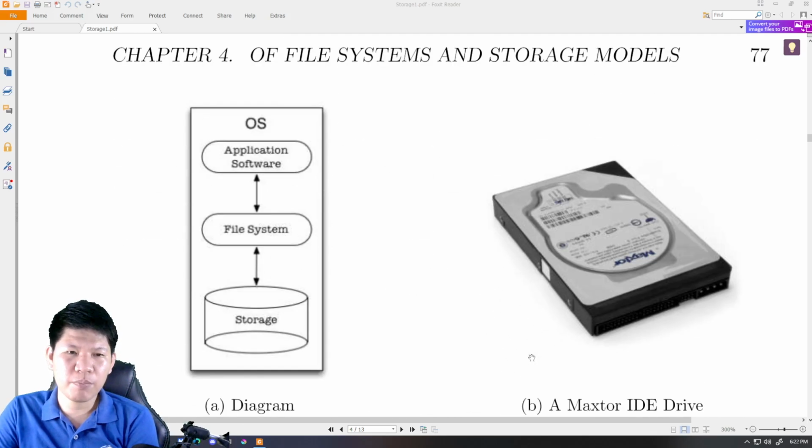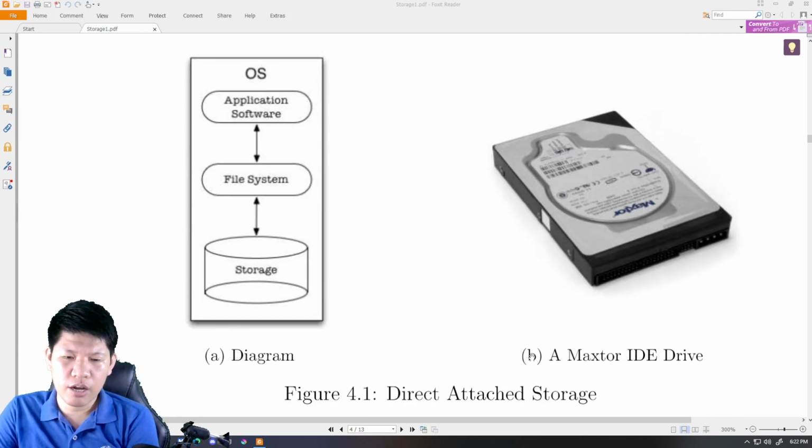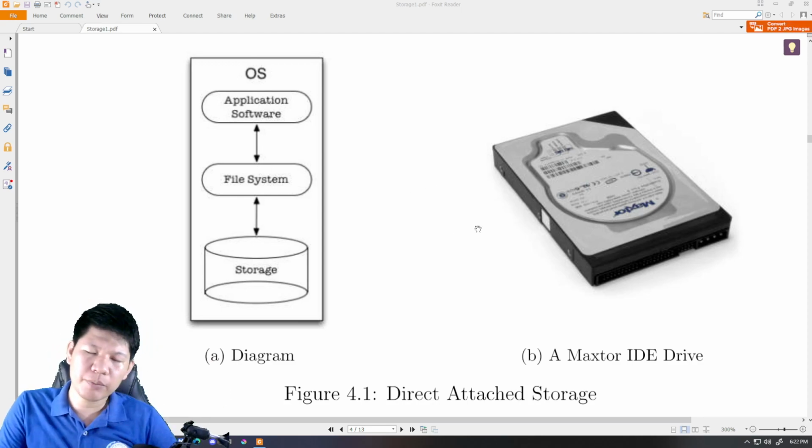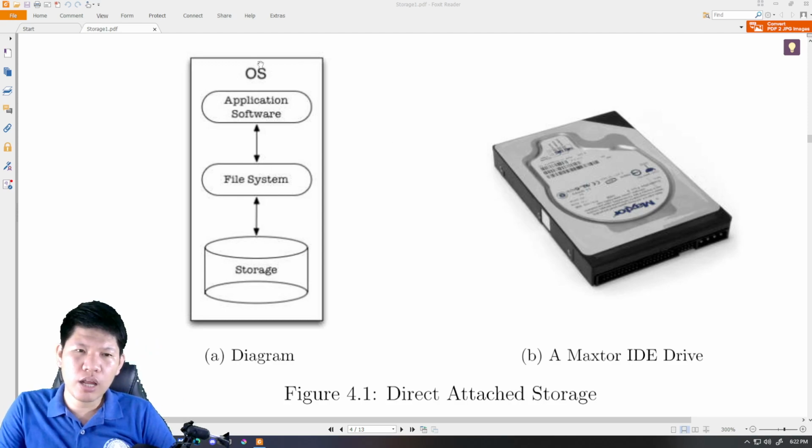So here's an example of our direct attached storage. This hard drive on your right will be the storage here at the bottom. Inside that, we use an entire hard drive or a portion of the hard drive, its partition, to install our operating system.